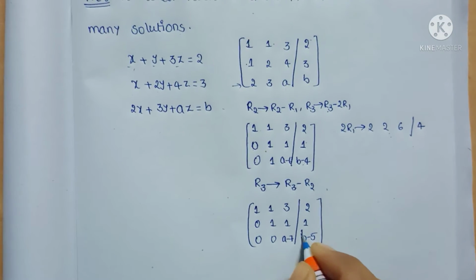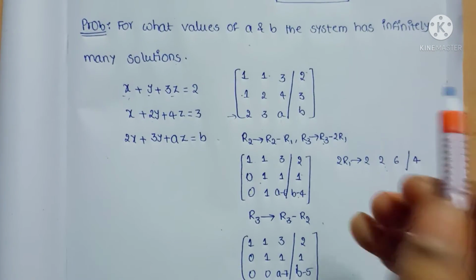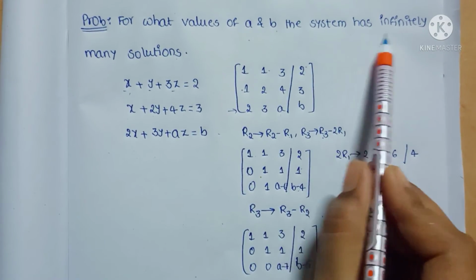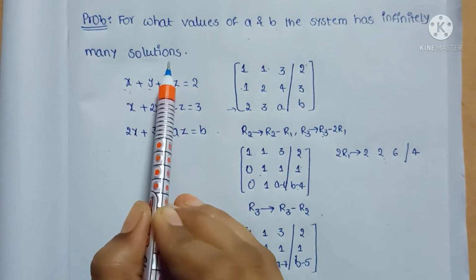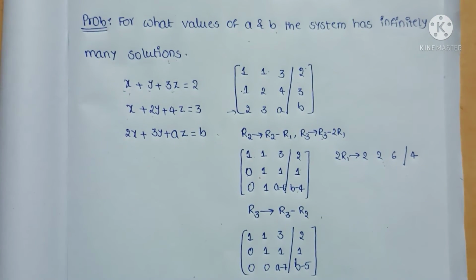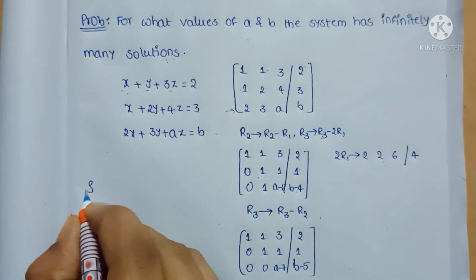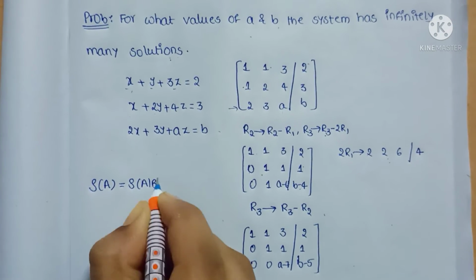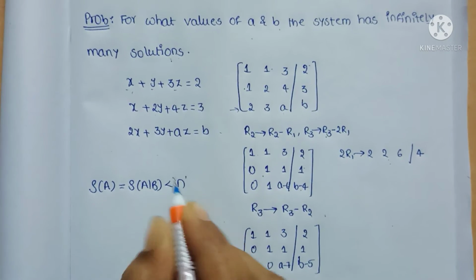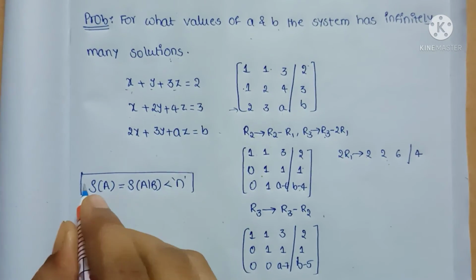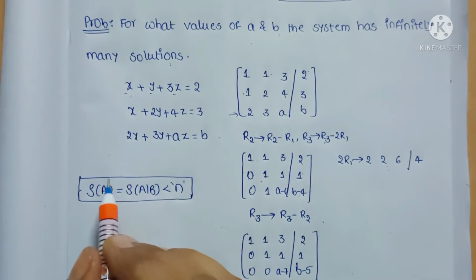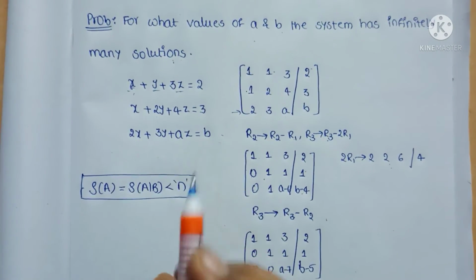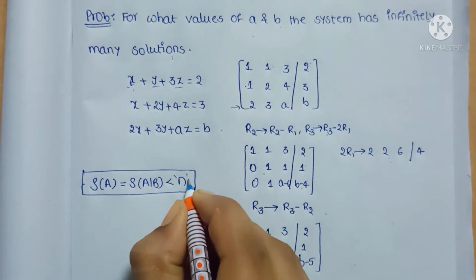And in the problem they ask: for what values of a and b does the system have infinitely many solutions? We get infinitely many solutions when rank of A equal to rank of AB, which is less than the number of unknown variables. Here x, y, z are the unknown variables, so n equal to 3.